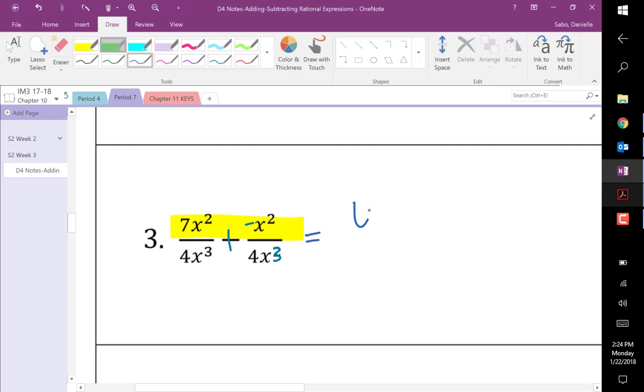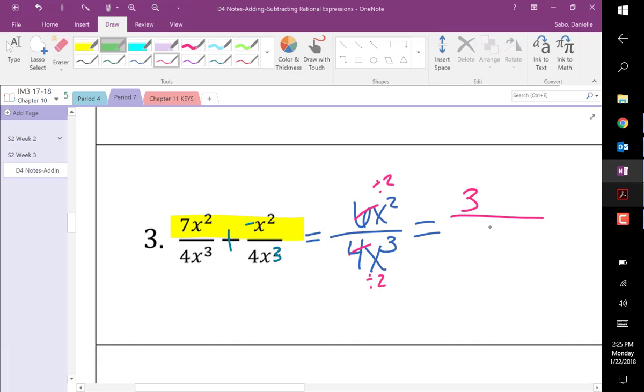Yeah, 6x squared, all over 4x cubed, but we can reduce it. What can I divide the top and bottom by to reduce this? Yeah, 2, which then becomes what? Yeah, we're just going to do the numbers first.